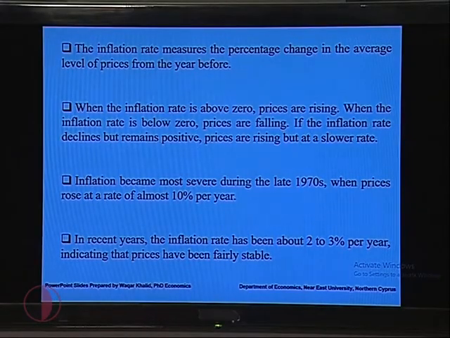So the inflation rate measures the percentage change in the average level of prices from the year before, meaning from the last year. For example, we have two years, 2019 and 2018.